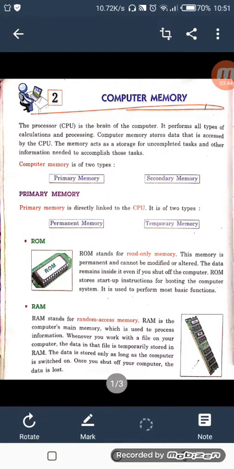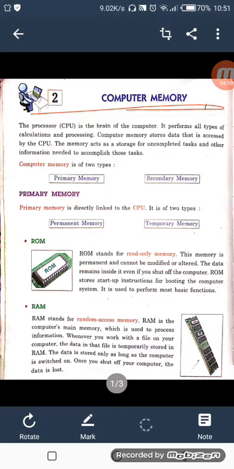Next is RAM. What is RAM? I told you that RAM is used to speed up the computer. It is random access memory, or we can call it read write memory. We can perform the read function as well as the write function in RAM. And RAM is temporary memory.